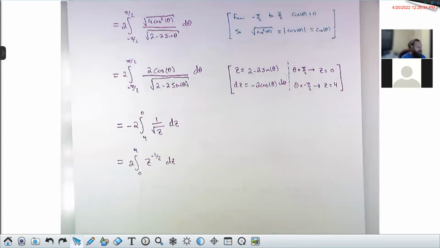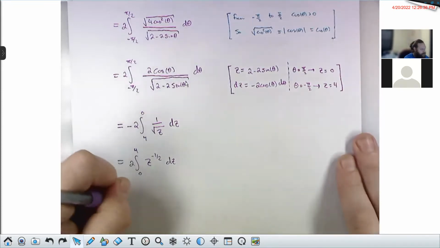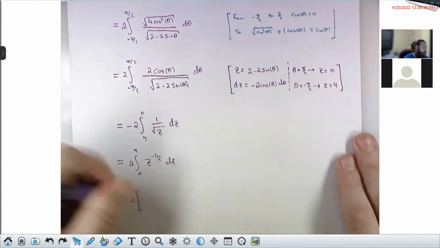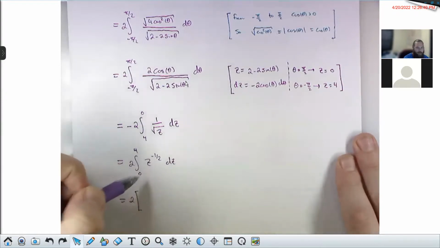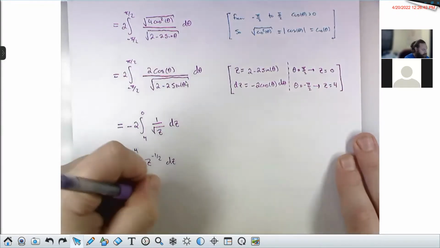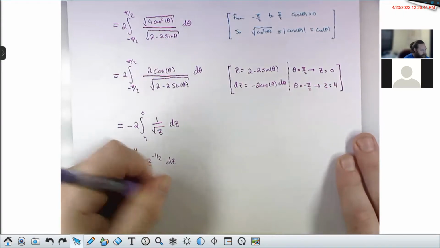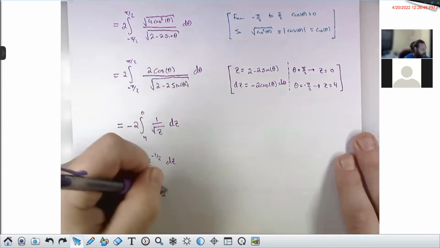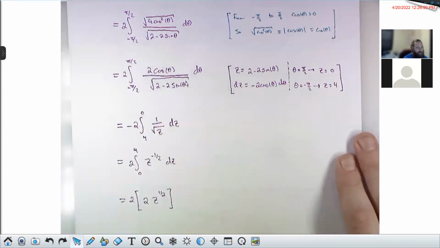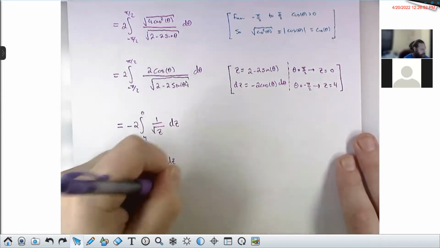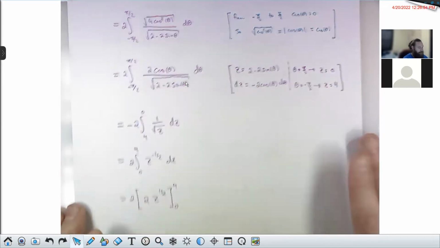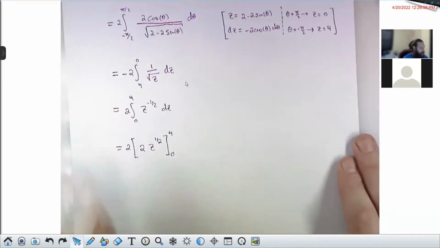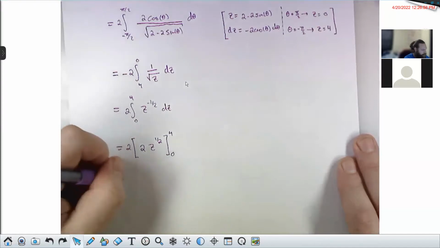Now my antiderivative. We add 1 to the power negative 1/2. We get positive 1/2. So this is going to be z to the positive 1/2, and we divide by that new power. Dividing by 1/2 is the same as multiplying by 2. That's from 0 to 4. I can pop this 2 out, making this 2 a 4.